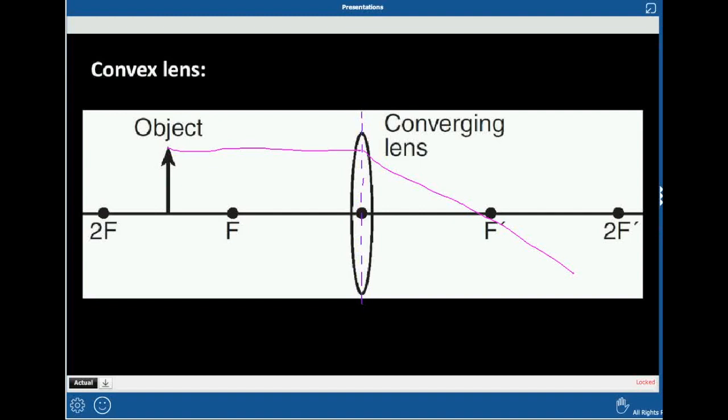Now, the next one is going to go angled through this focal point. Okay. Now, do you see how it goes past your lens? That's okay. I'll just draw my line a little longer. And I'm still going to go horizontal. Okay. You see how I'm going to have to lengthen my pink line?